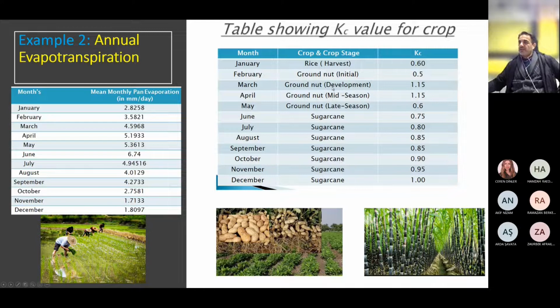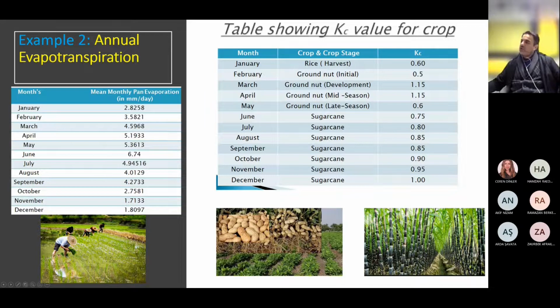It was the development season of the groundnut. This is groundnut, you see here. You see that at different times there is a different pattern of cultivation on the ground. And from June to the end of the year, they had sugar cane.